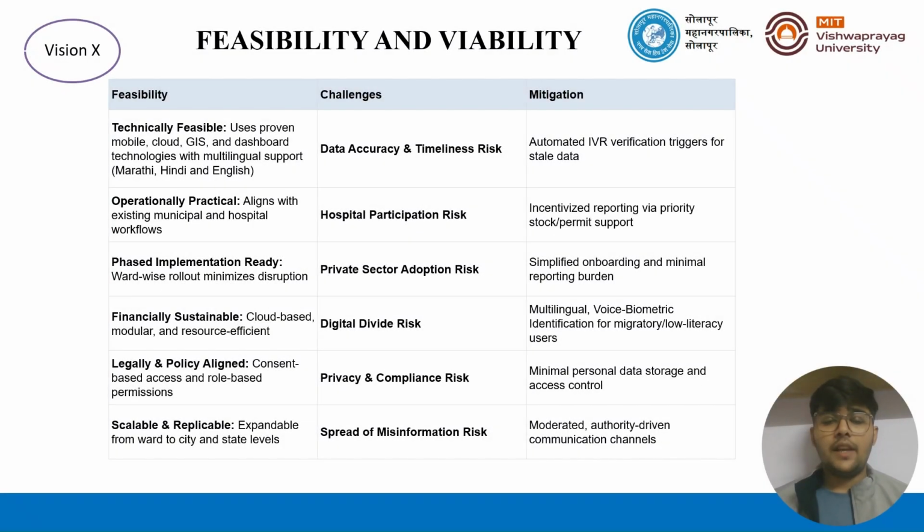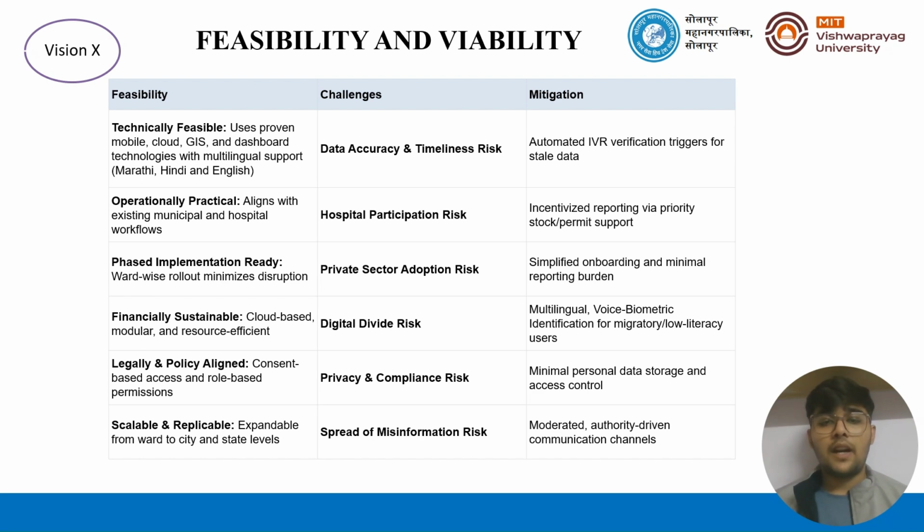The feasibility and viability of a smart public health management system for Solapur Municipal Corporation has been successfully evaluated across technical, operational, financial, and governance dimensions. From a technical standpoint, the system is built using proven and scalable technologies, including mobile applications for field data collection, cloud-based infrastructure for centralized data management, GIS-enabled visualization for ward-level insights, and real-time dashboards for administrators.